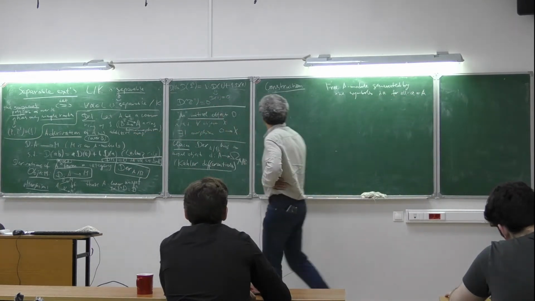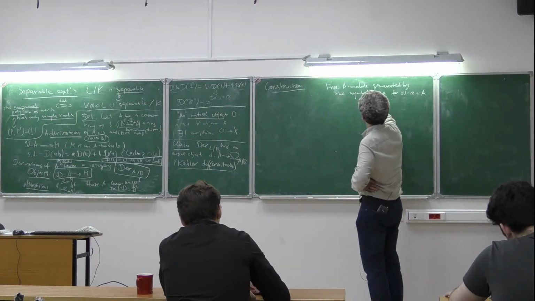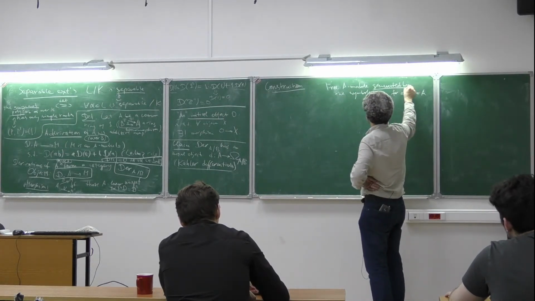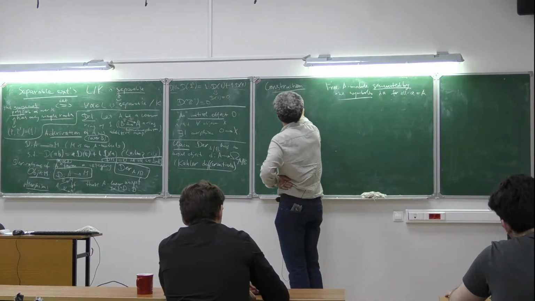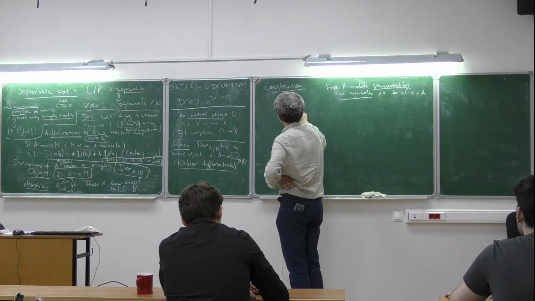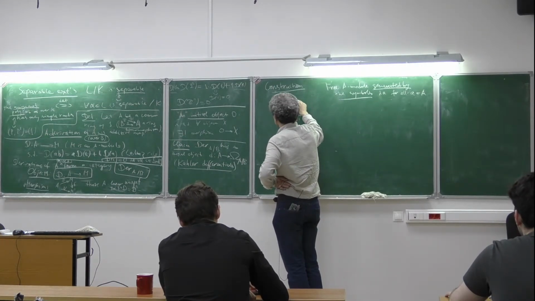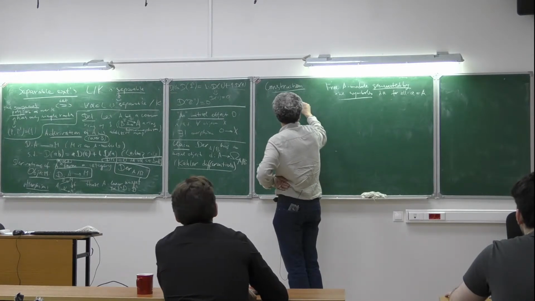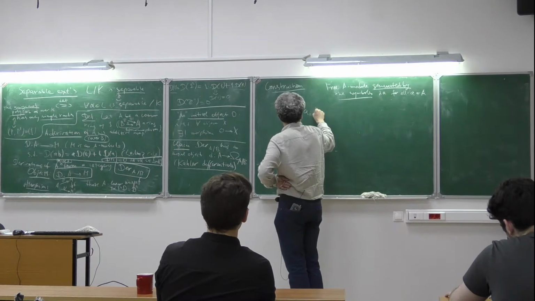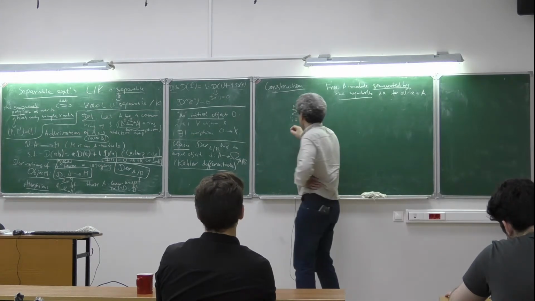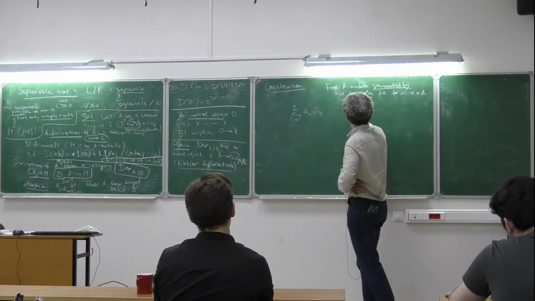So how do you do this? What does it mean that it is generated by the symbols? It means that you consider formal finite sums like sum of a_i d b_i, and then you mod out by some relations.